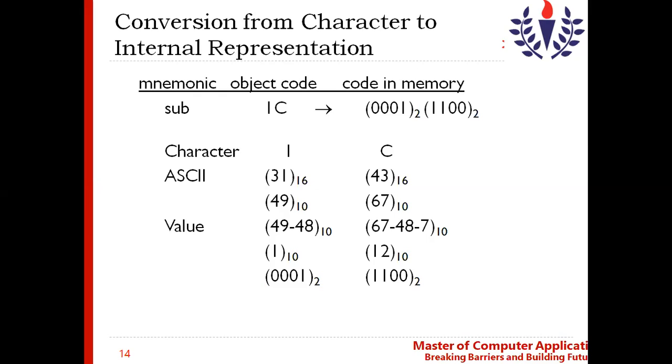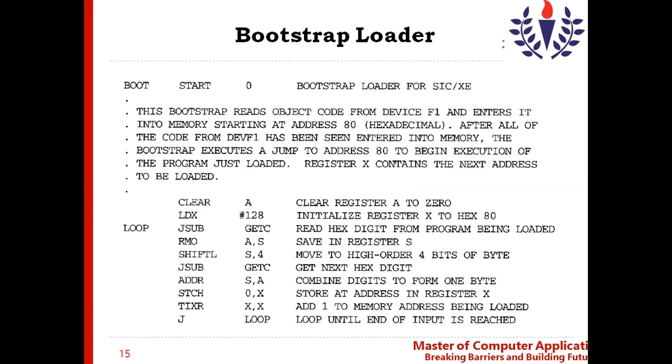So this is the procedure for the Bootstrap loader. The same procedure which is given in the algorithm is given in the program, instead written in assembly language code. The Bootstrap loader starts with the address 0.